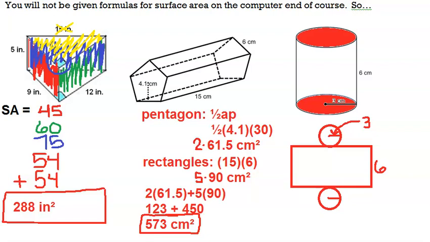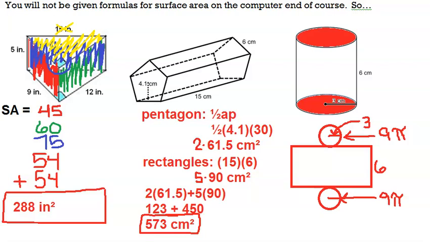So really, when we're talking about surface area, we have a top circle, and the area of that is just going to be pi r squared. So 3 squared is 9. So you get 9 pi. And then you get another 9 pi.